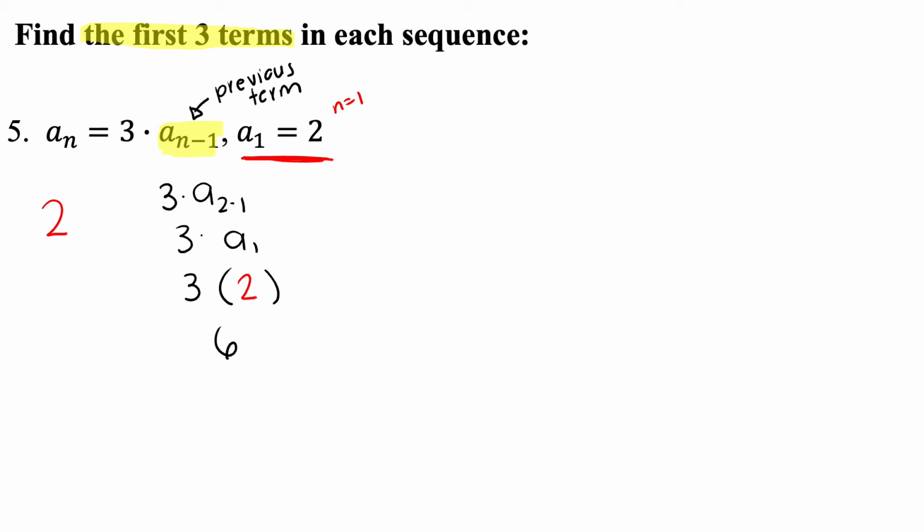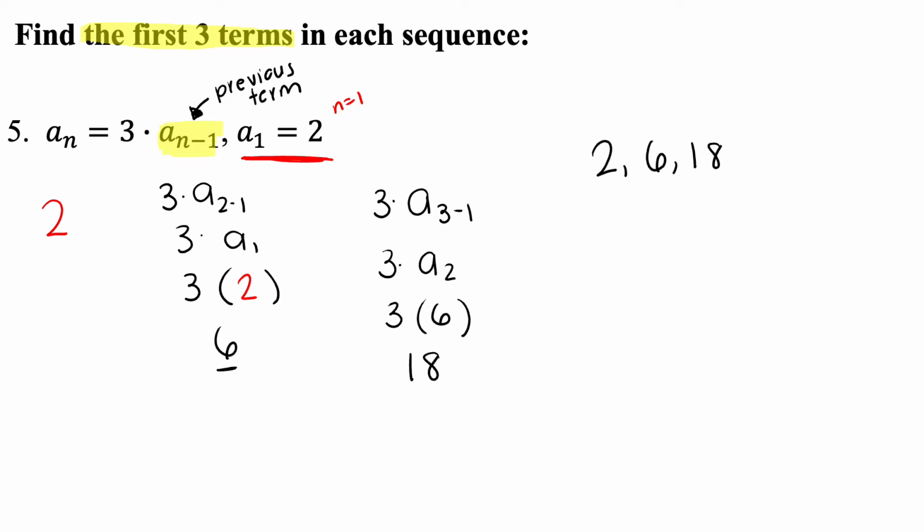And then when n equals 3, our third term would be 3 times a sub 3 minus 1, gives us 3 times a sub 2, which is 3 times what we found as our second term, which is 6, which gives us 18. So this sequence relies on your previous term. Using the given a sub 1 is 2, we find our first three terms to be 2, 6, 18. So a quick review of sequences for you.